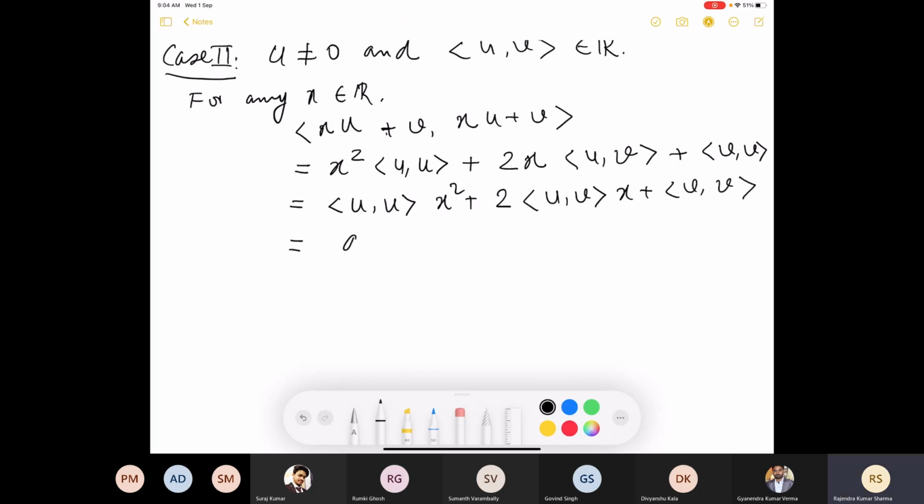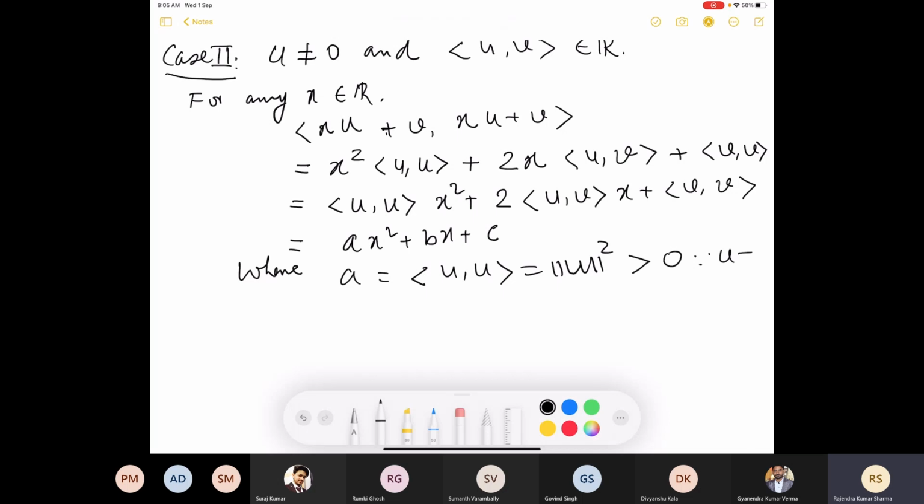So this is of the form ax² + bx + c, where a is (u, u), and this is norm of u squared, and since u is not 0, this is always greater than 0, since u is not 0 and is real. a, b and c all are real, and this being the inner product with itself, this also is non-negative.